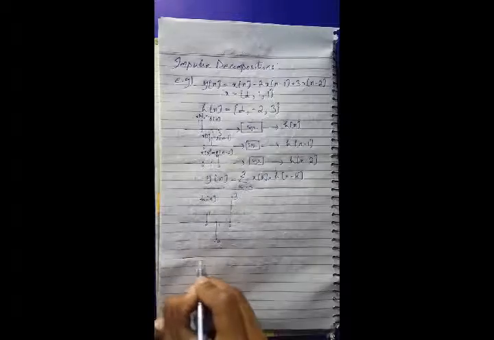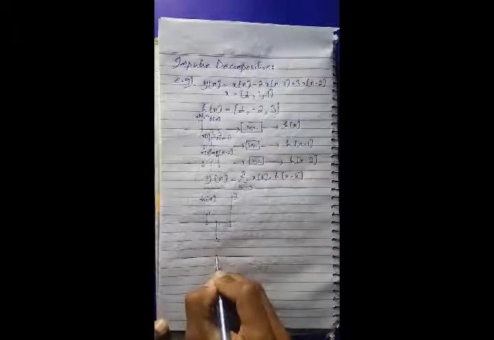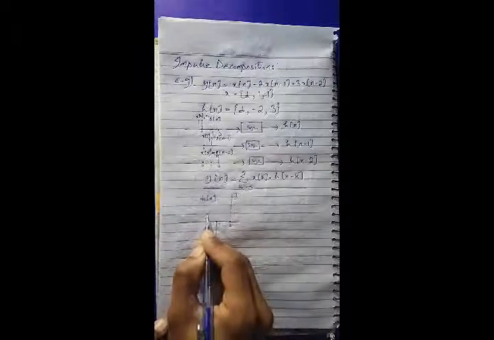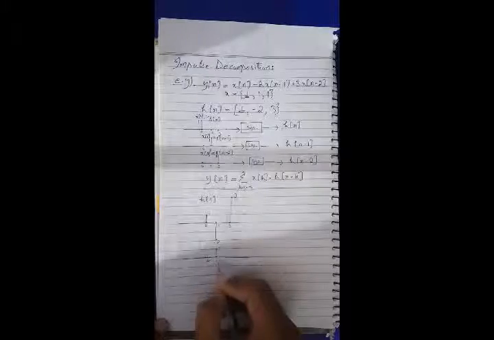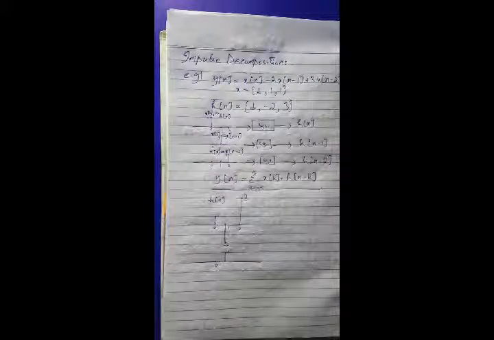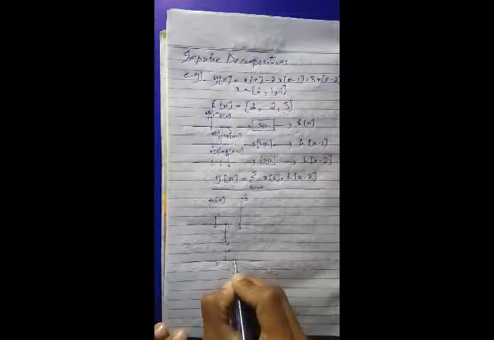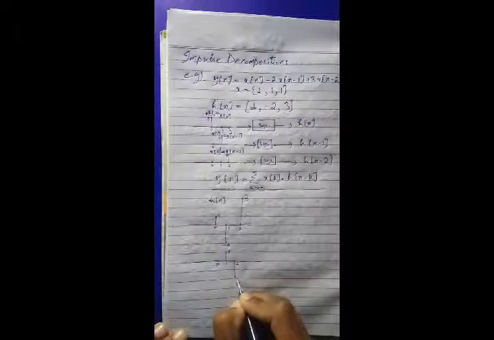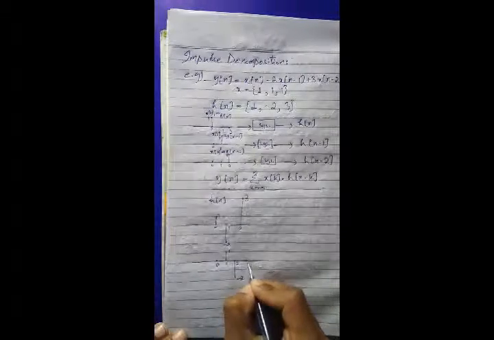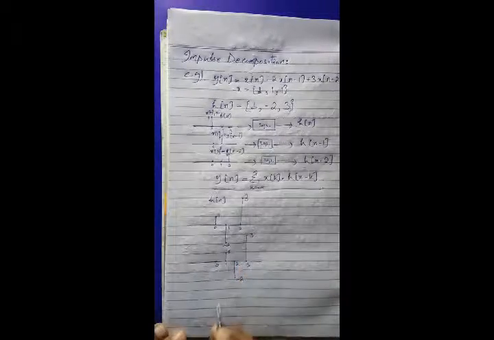Now we will draw the shifted versions of the impulse response. Here we have 1, here 0, and at 2 it is -2, and at 3 it is again 3.